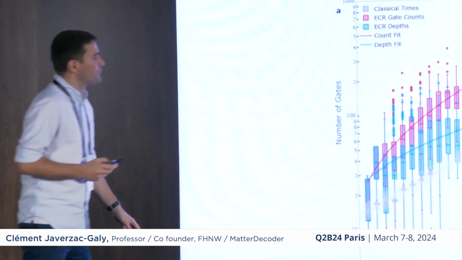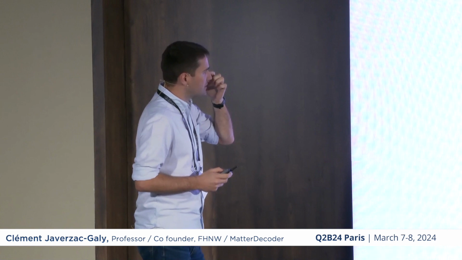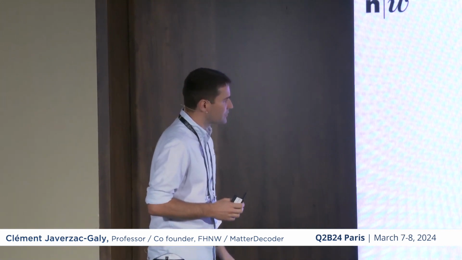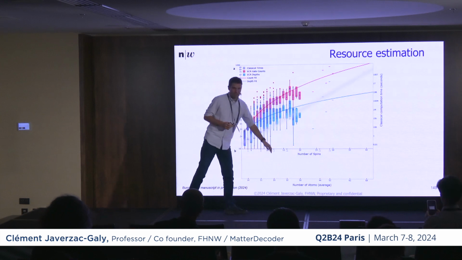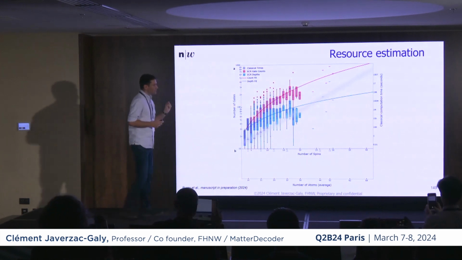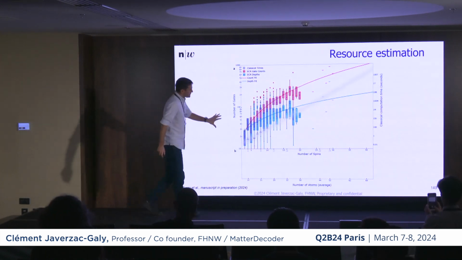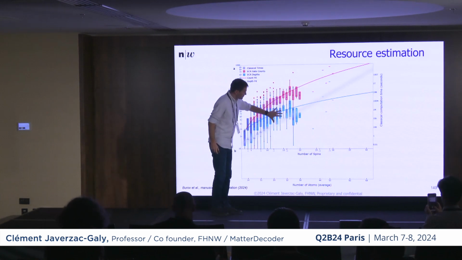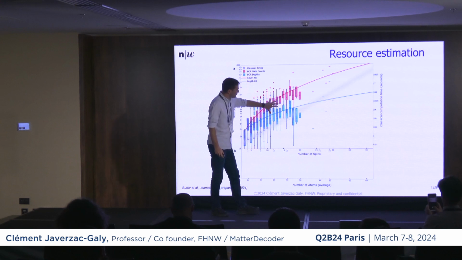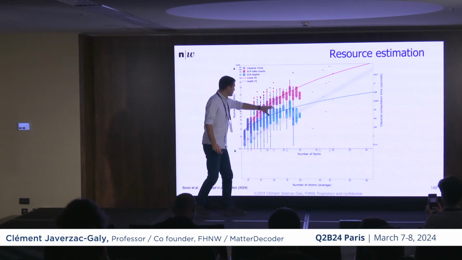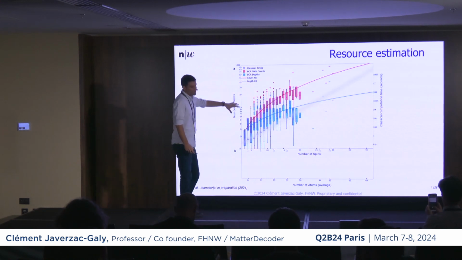But now, if we do look at the ECR depths and the gate count, what we see is this very beautiful polynomial scaling. And if we look at the actual numbers for some of the transpiled circuits, up to a couple of tens of spins, we fall in a range of a couple hundred gates.